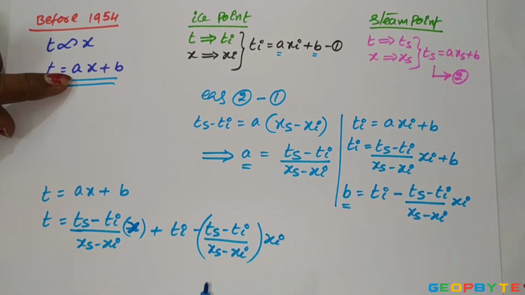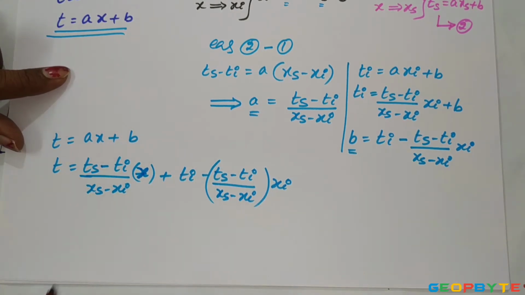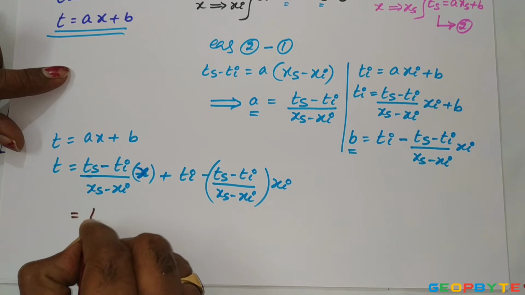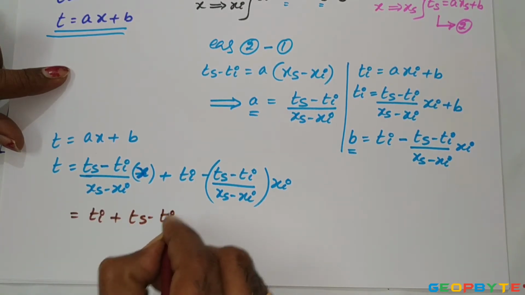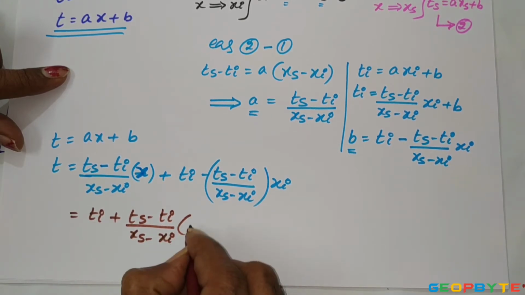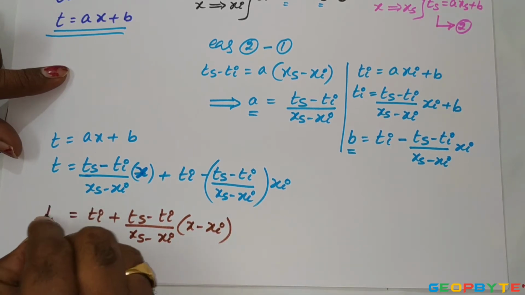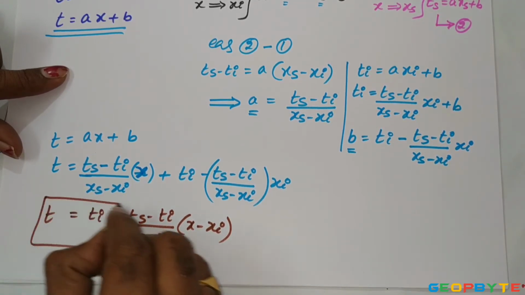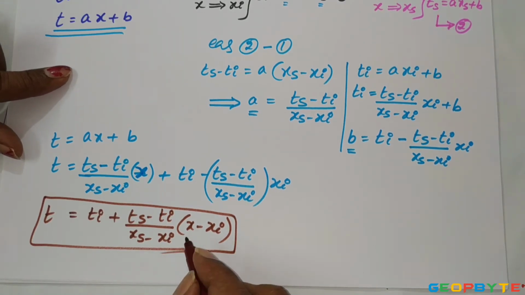Let us simplify this. It is equal to Ti plus (Ts minus Ti) divided by (Xs minus Xi) into (X minus Xi). This is the general relation for finding the temperature at any thermometric property X.